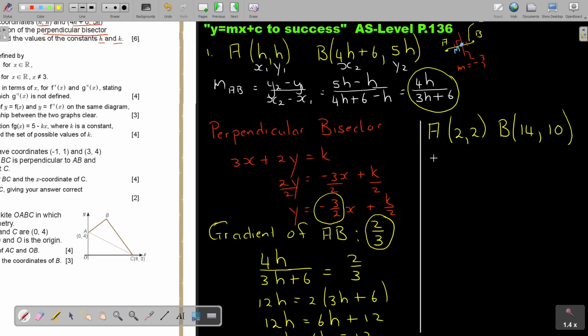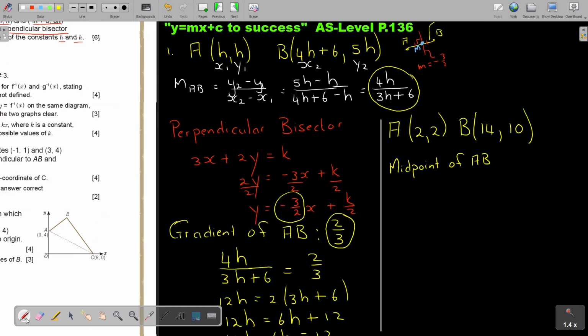So I can find the midpoint of AB. This is x1, y1, x2, y2.